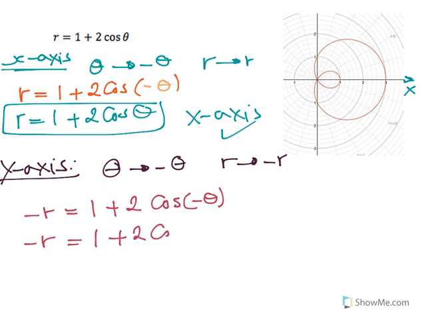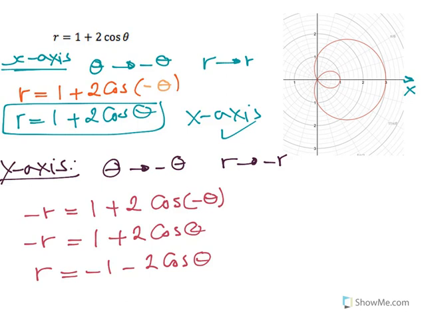So r equals minus 1 minus 2 cosine theta. And of course, it's not equal to the original equation. So we can say that it's not symmetrical around the y-axis.